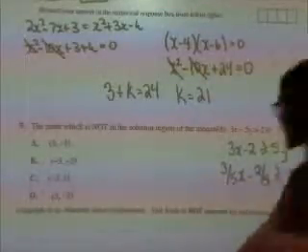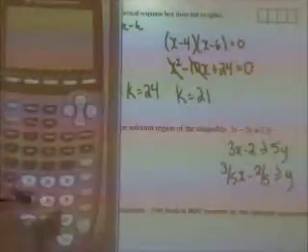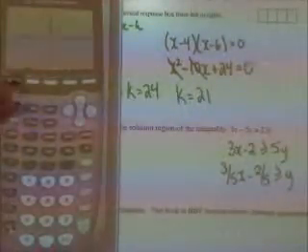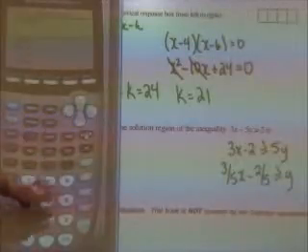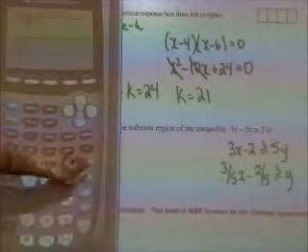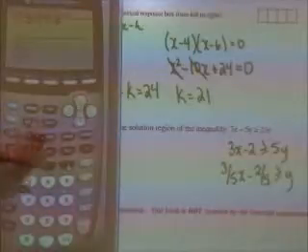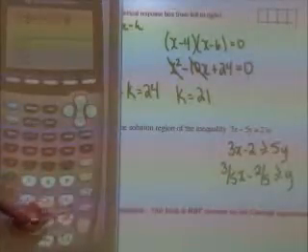So then if I was to graph that equation, so I'm going to graph 3/5 x minus 2/5.